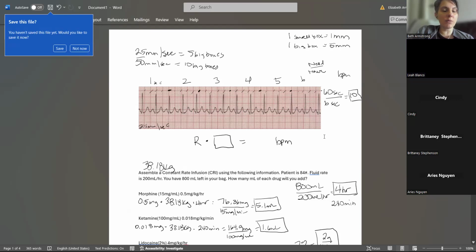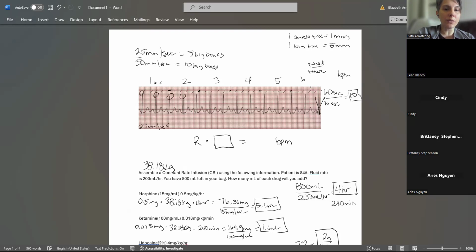So let's count this first one just so that we are accurate, but we're not going to count this last one because it's not a total full complex. Okay. So we have 1 R wave, 2, 3, 4, 5, 6, 7, 8, 9, 10, 11, 12, 13.